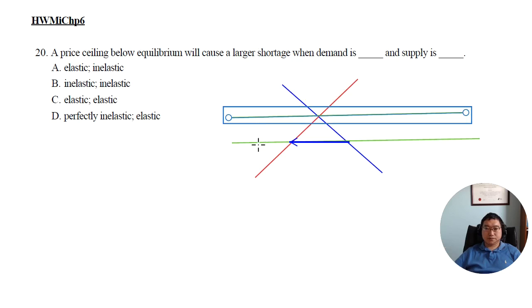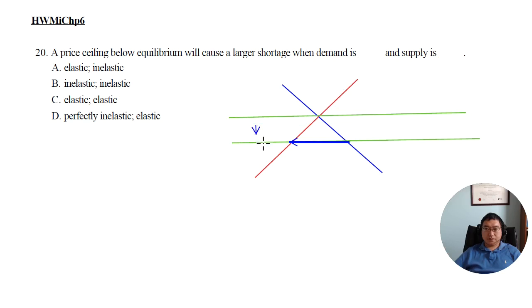Again, get these arrows in. There's a decrease in the price level below the equilibrium. It's a change in the price, and then we want a high increase in the quantity demanded.